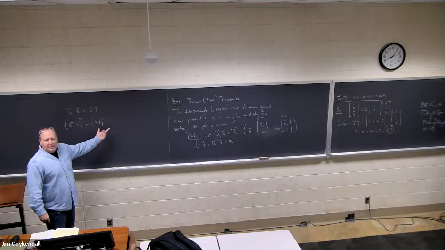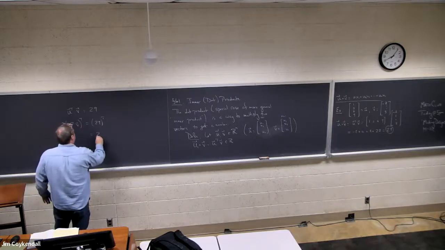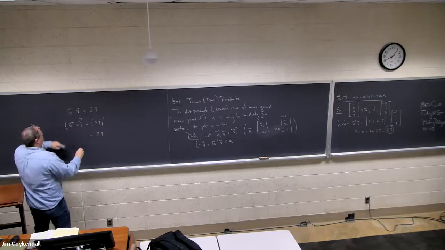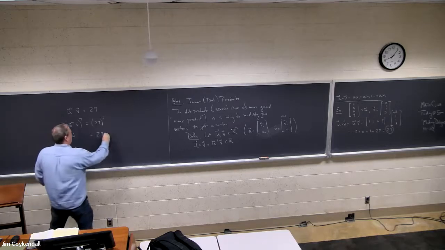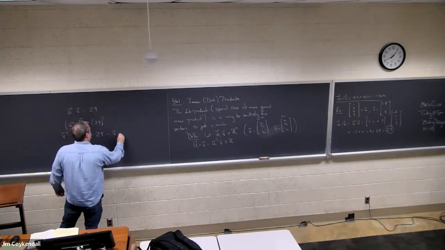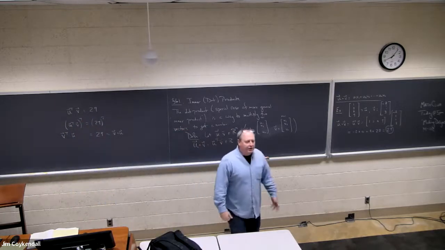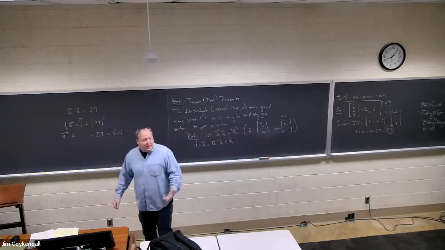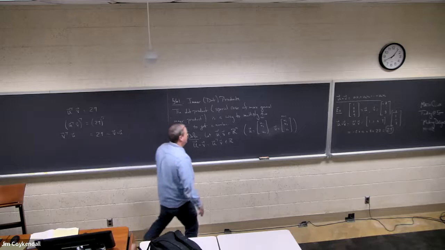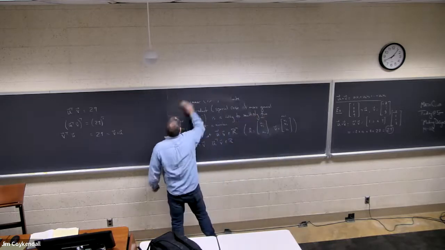Transpose of that is just 29, right? It's just a one by one matrix. What's the transpose of this? This is v transpose times u transposed transpose. That's my first observation: the order of the dot product doesn't matter. You can do it either way and you get the same answer. That's good. This is not true for matrices in general, but when I do a dot product, when I do that kind of multiplication, then you're good.